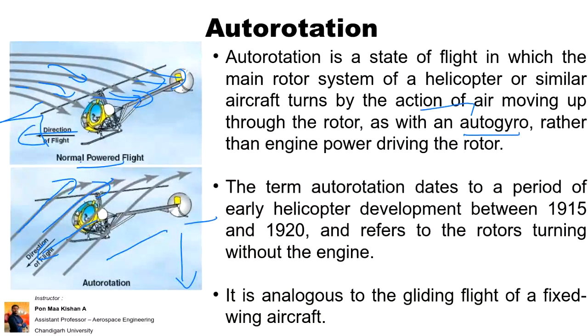So this flow from below will be used to produce some lift in the rotor, and the lift will make the rotor rotate, so that it will start to descend and glide, and then it can land successfully. Okay. So this type of technique is called autorotation landing. Okay.